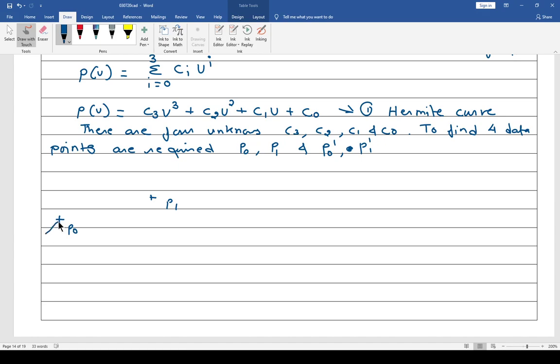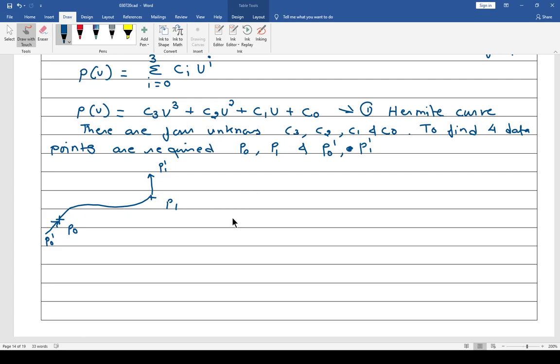Now let's consider this is my tangent vector, that is P0 dash, and maybe this may be my tangent vector P1 dash at this location. So my curve is going to be like this. This is my Hermite curve basically.